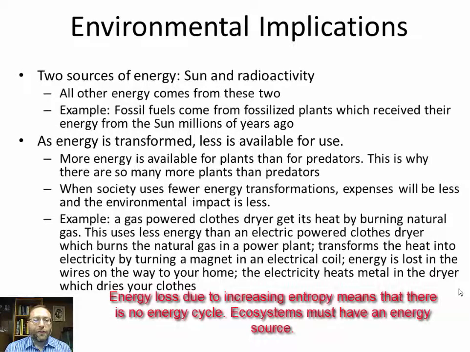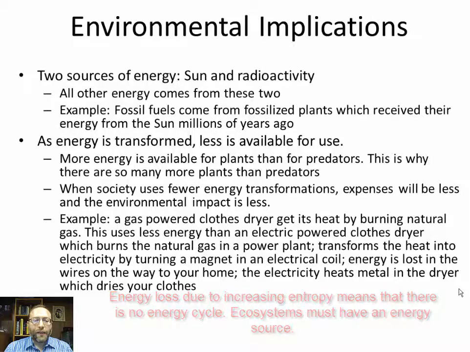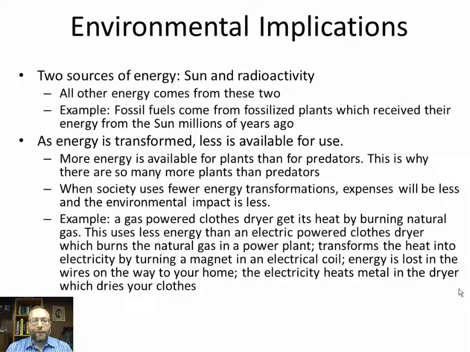Some implications of that is that more energy is available for plants than for predators. And that's why, if you look out your window, you'll see lots and lots of plants, but you will not see a lot of predators. When society uses fewer energy transformations, expenses will be less and the environmental impact will be less.